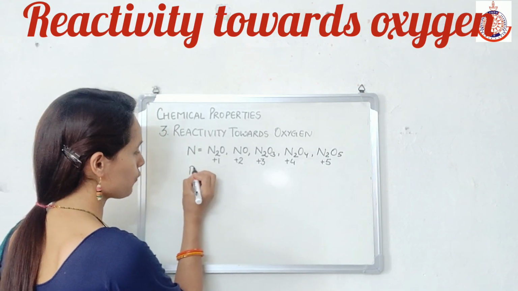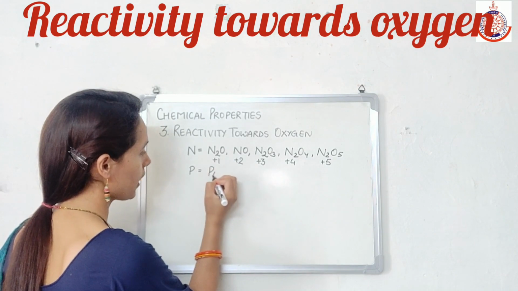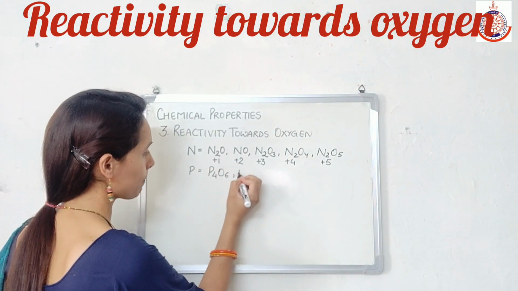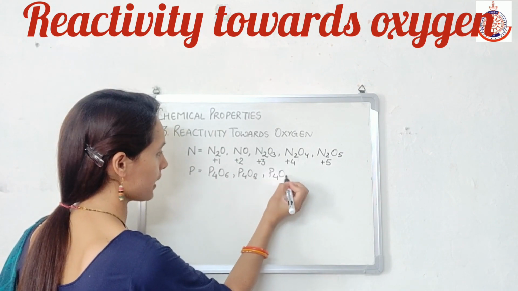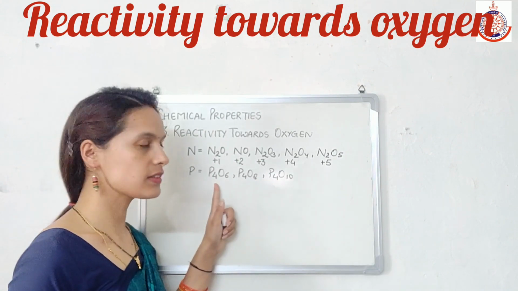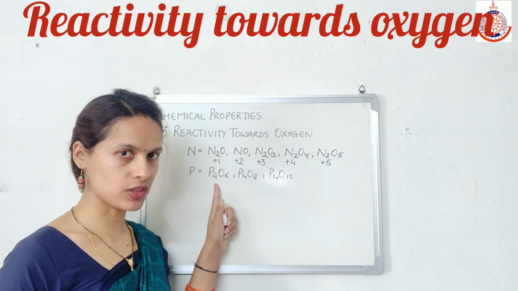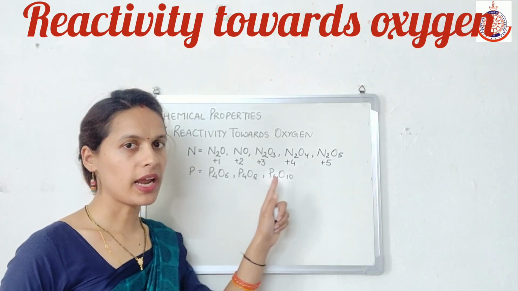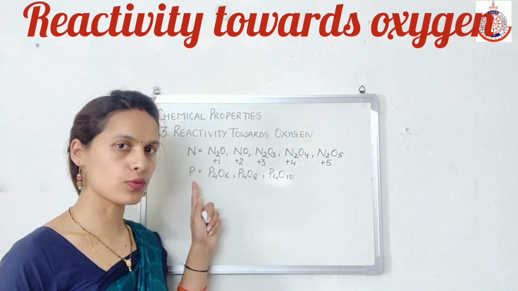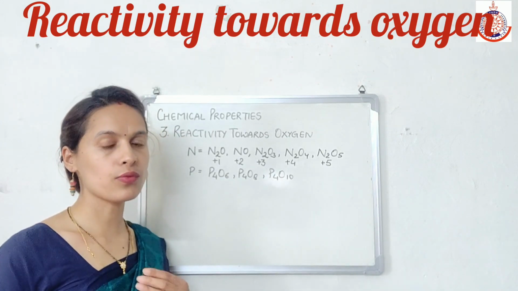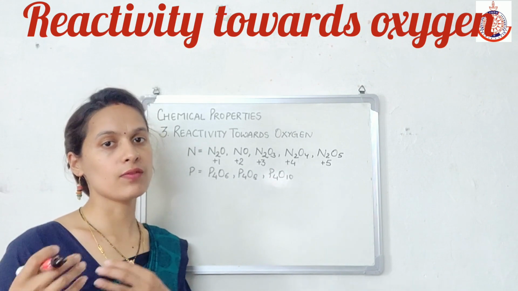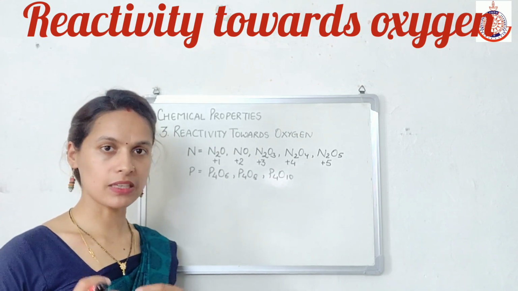But if I talk about phosphorus, phosphorus forms P4O6, P4O8 and P4O10. In P4O6, its oxidation state is +3. In this it is +4 and in this it is +5. So phosphorus, along with +3 and +5, also forms an oxide in which the oxidation state is +4.